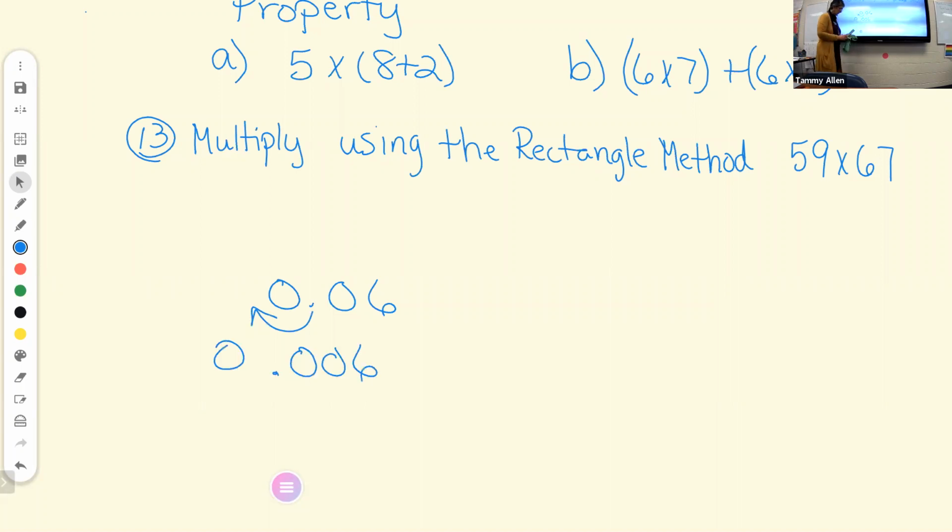Number two, we have 3 and 5/6, and we're trying to make it an improper fraction. How do we make it an improper fraction? No. Let's swap the 5 and 6 in place. No. 3 and 5/6.